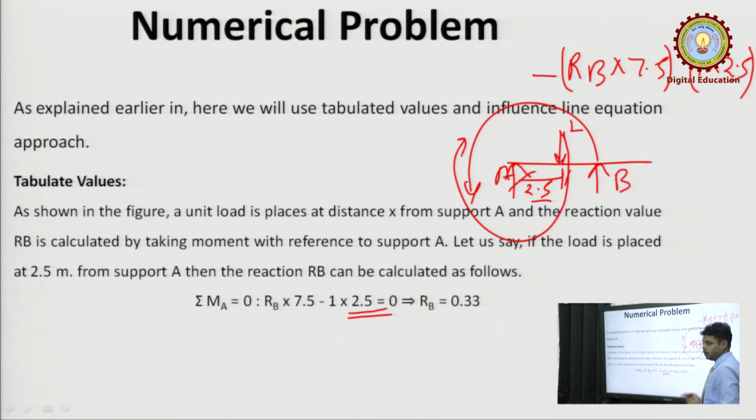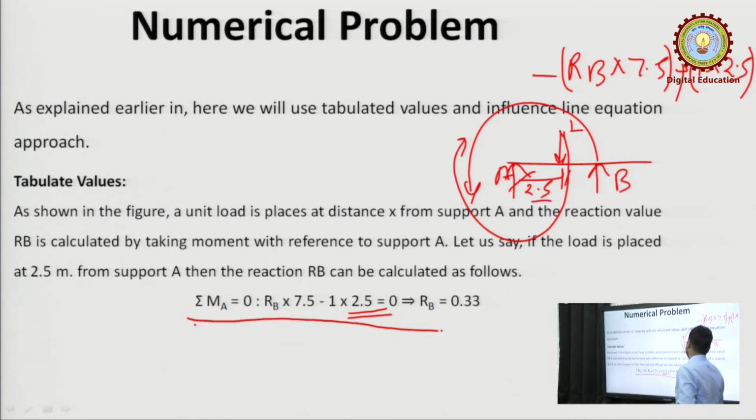If the load is going in a clockwise direction, we will take a positive sign. But as we can see here, what is the solution we have been given? The solution given is RB into 7.5 minus 1 into 2.5, but what we have taken here is a negative sign for RB and a positive sign for unity.